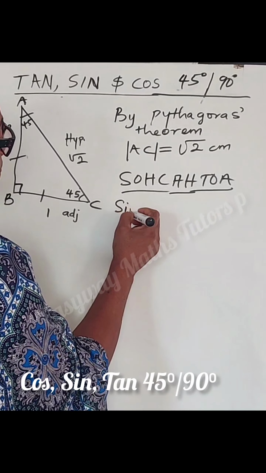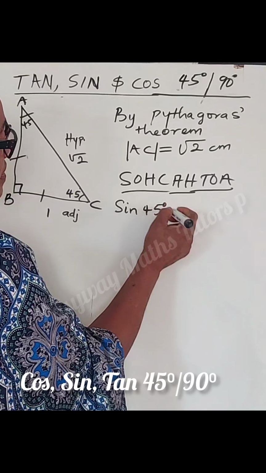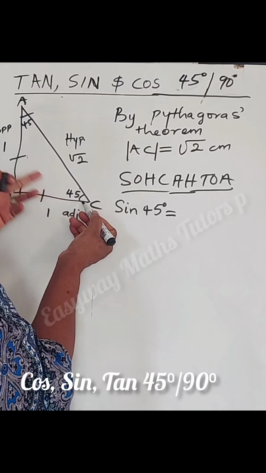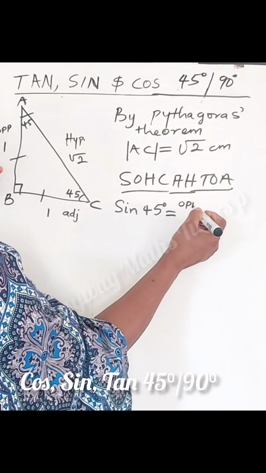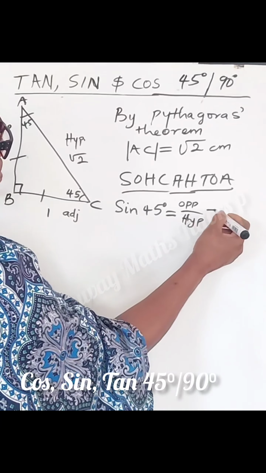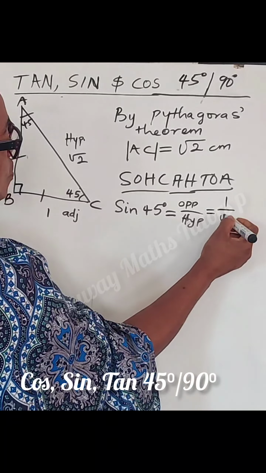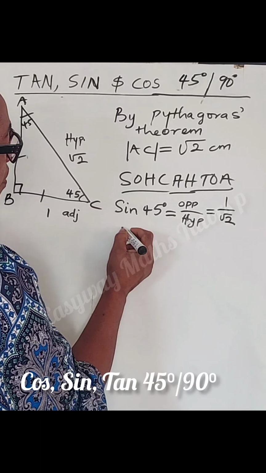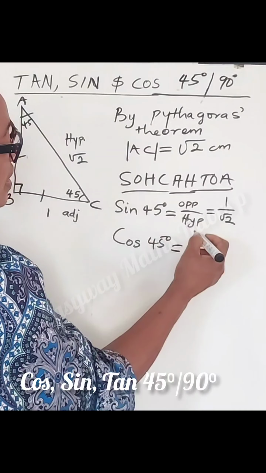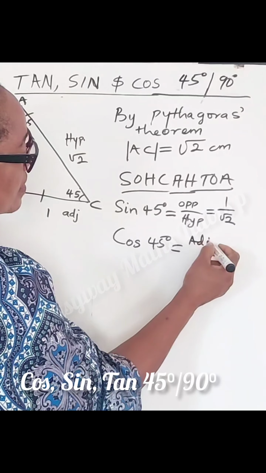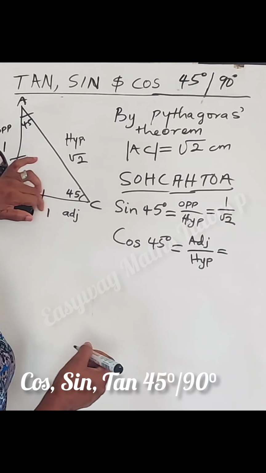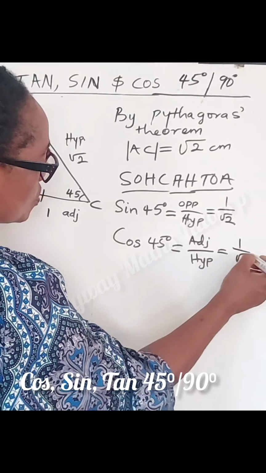Sine 45 degrees is equal to, let's pick this one, opposite over hypotenuse, which is equal to 1 over root 2. Cos 45 degrees is equal to adjacent over hypotenuse. Adjacent is 1, so it is 1 over root 2.